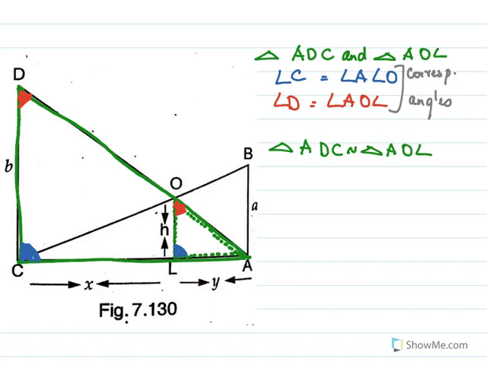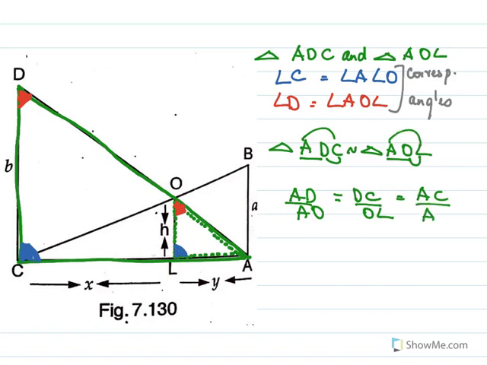If the triangles are similar, the corresponding sides are proportional. So AD over AO will be equal to DC over OL equal to AC over AL. Now we don't require this, so we'll write DC over OL equal to AC over AL. Look up and see where DC is. DC is B. Look up in the figure and see what OL is.